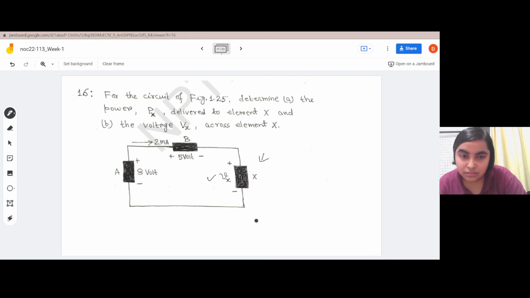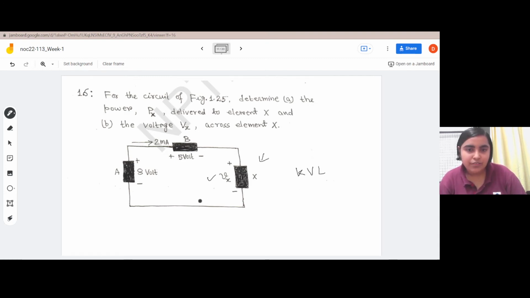I am solving this. For solving this, what do you have to apply? KVL. Right. Kirchhoff voltage law.